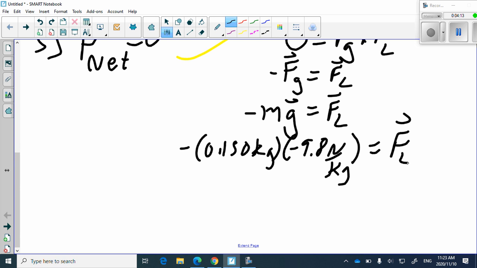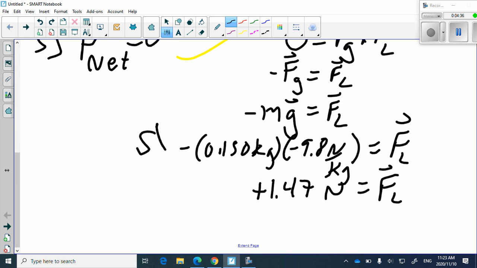So you get your handy calculator out. See how Newton's second law helps us again? And I get 1.47. There are 2 negative signs there, so that makes this a positive, which makes a lot of sense for the lift force to be positive, because the lift force is upward.